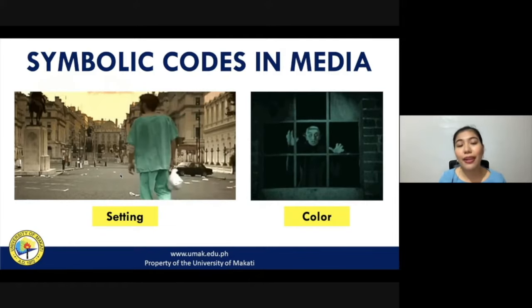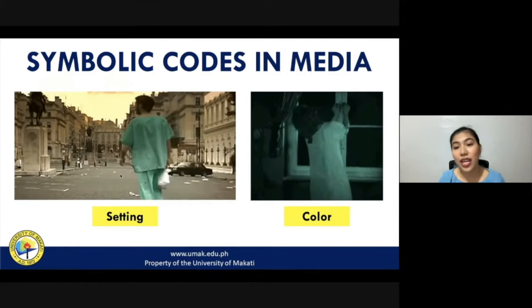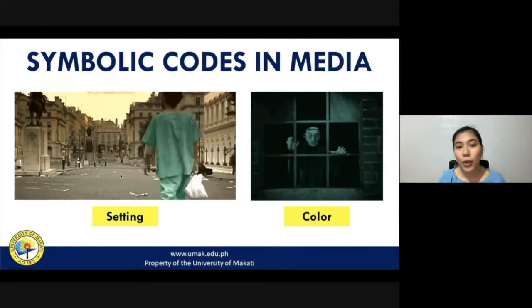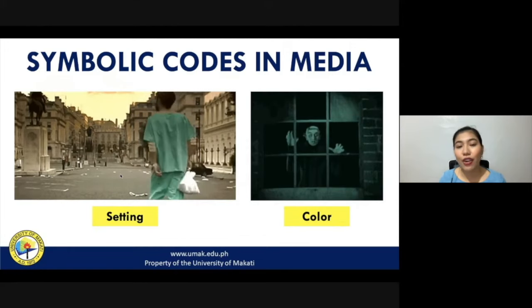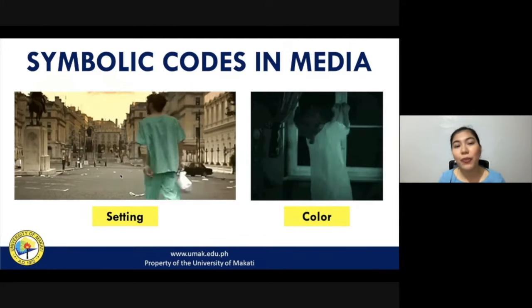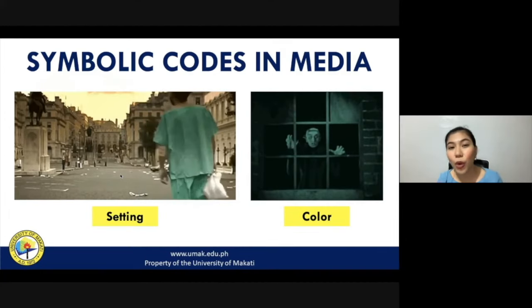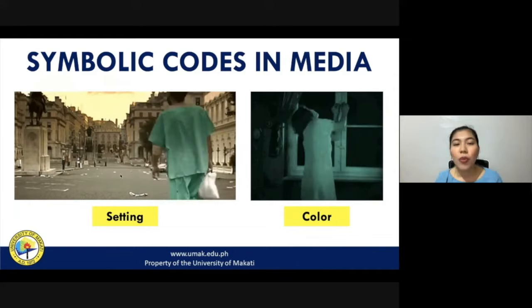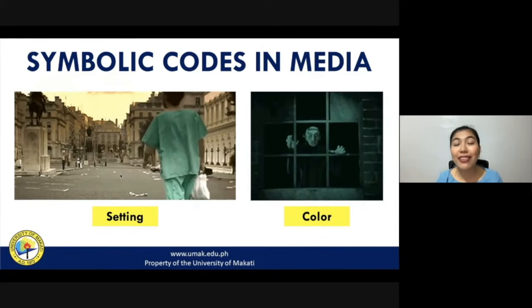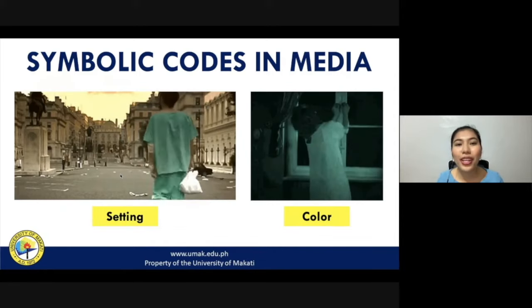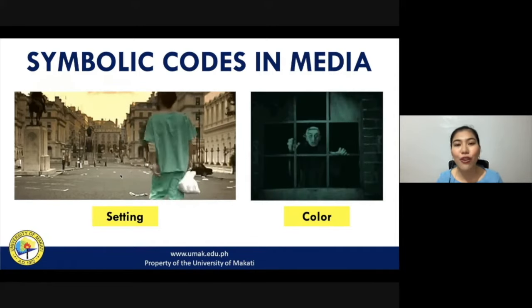Even the color that is being used in media is very important because it could be symbolic of something. So take for example, you would notice that in horror movies, they would use more greens, more reds, and darker colors because they represent the feeling, the tension, the horror, the scary aspect of the film.